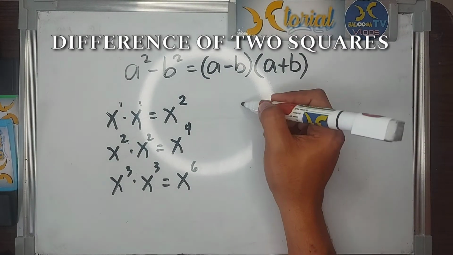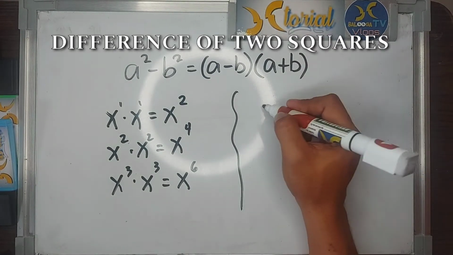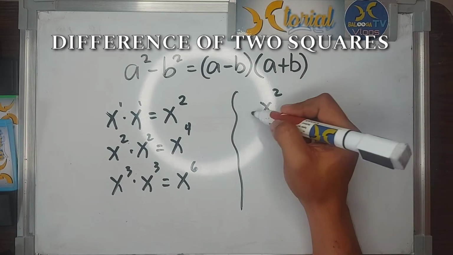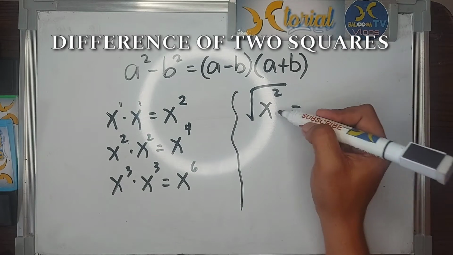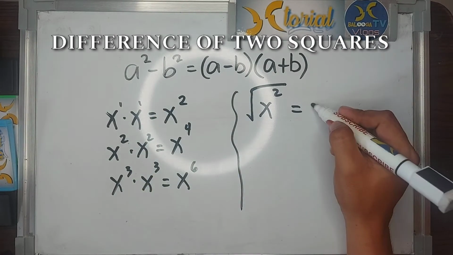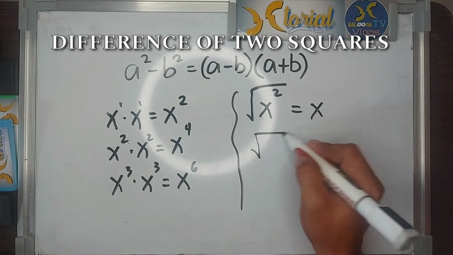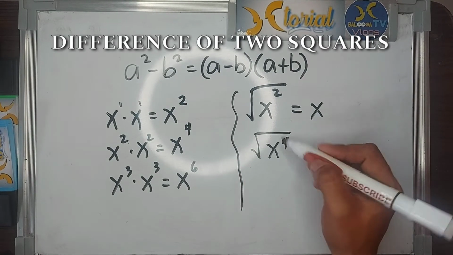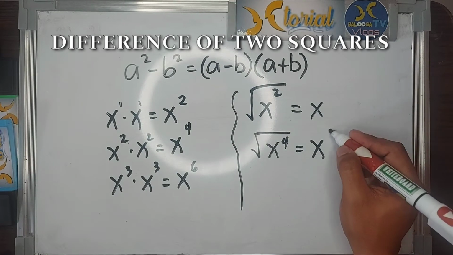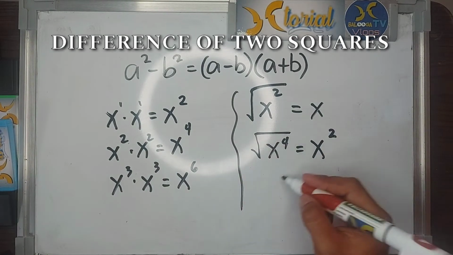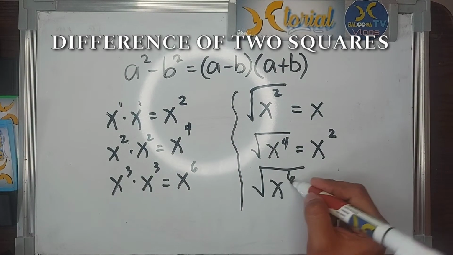So ibig sabihin, kapag kukunin naman natin yung kanyang square root, x squared, ano yung square root ng x squared? X. Ano naman yung square root ng x raised to the fourth power? It is x squared. How about x raised to the sixth power?